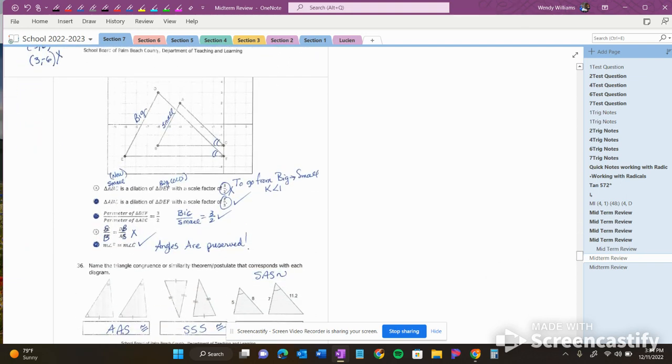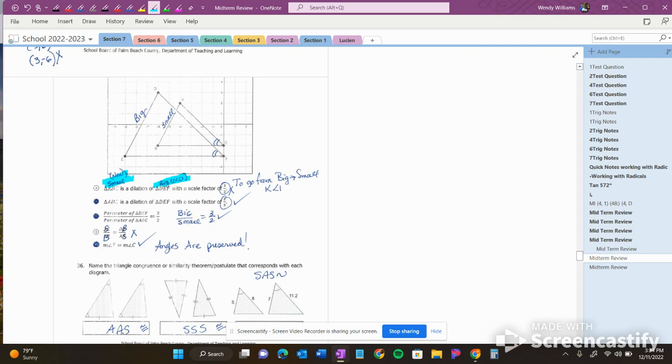Looking at this one, ABC is a dilation of DEF, where this is your old one, this is your new one. And then you notice I've marked the pictures. One's big, one's small. The big was the original.